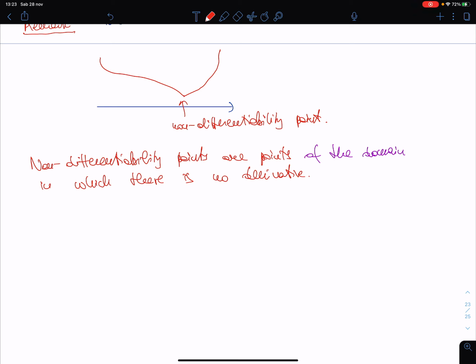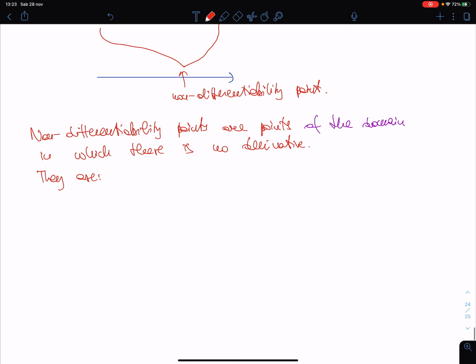So they are, first, non-continuity points. Second, corner points. And third, cusps.